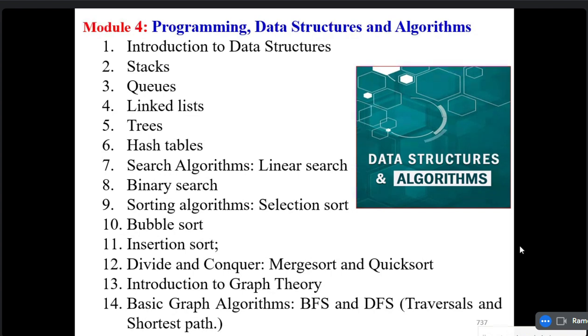Example: if you are standing in a queue for cinema tickets, the first person will get the first ticket. That is first in, first out. That is called the queue data structure. What about stack? Last in, first out.